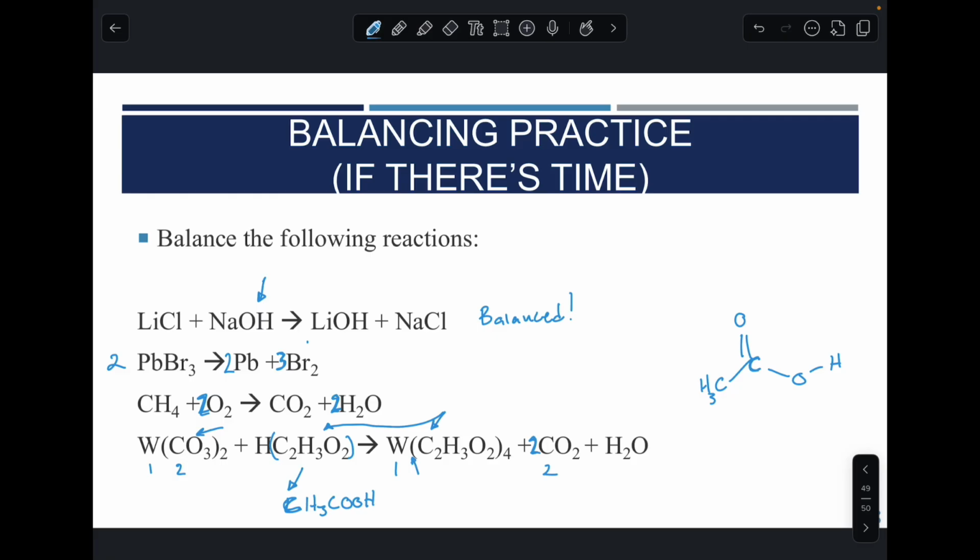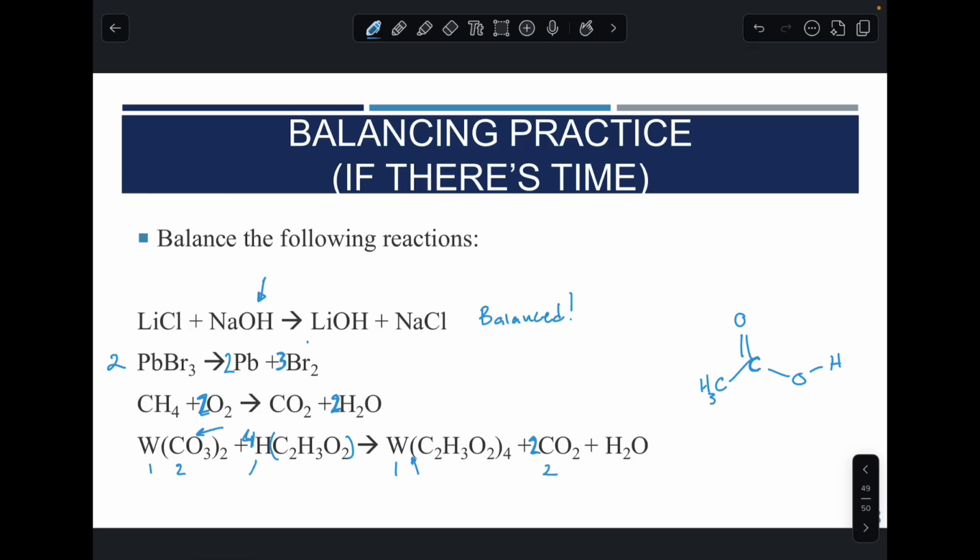We'll get into that later on. But CH3COOH is another way to write it. Either way is fine. Anyway, so we have this acetate bound to here, to the tungsten on that side, and we're going to need to have 4 of them. So 4 are going to go over in order to balance everything out, right? We need 4 of these C2H3O2s on the right-hand side, so we'll put a 4 right there.